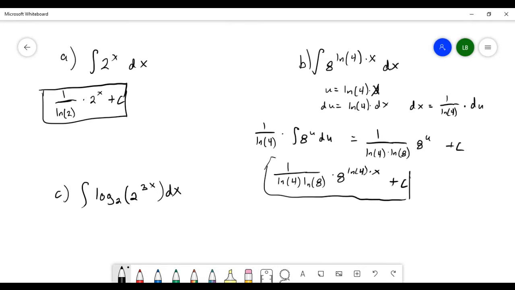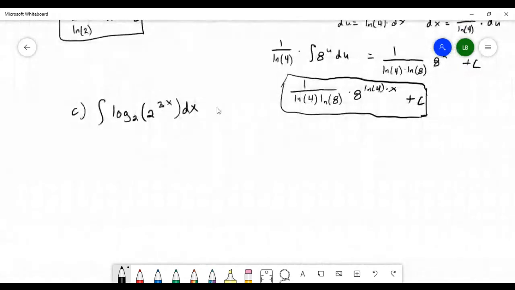Okay, now we're at part C. And this one is a lot easier than it looks, because if you recall, log base 2 is the inverse of 2 to the u. So because these are inverses, they cancel each other out.